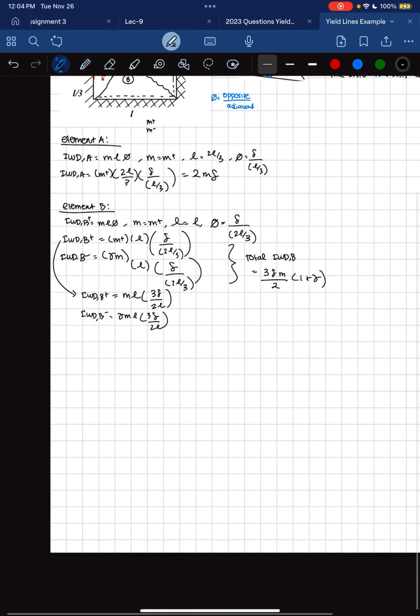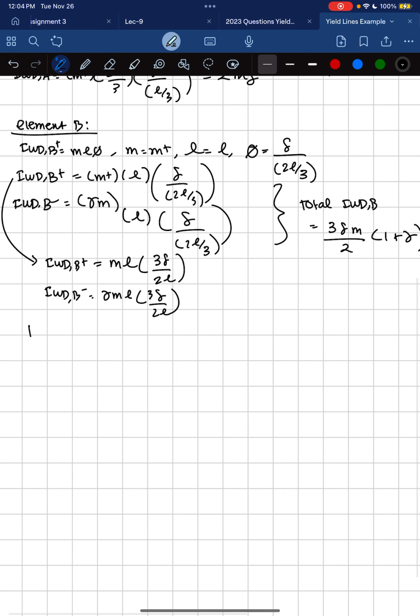And then total internal work done, not at B, but just done in general, is 2 times A plus 2 times what's done at B, because we have 2 of each shape.